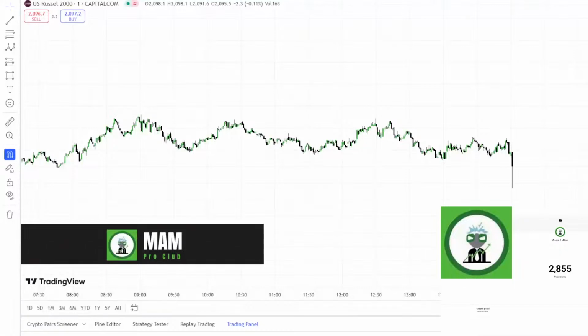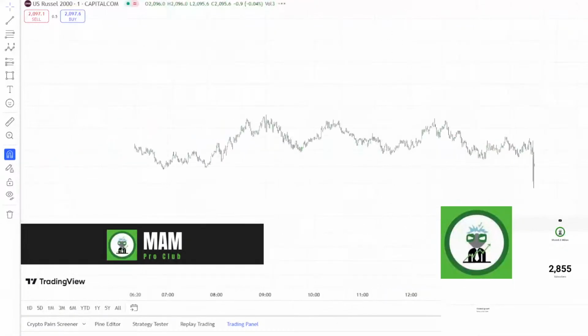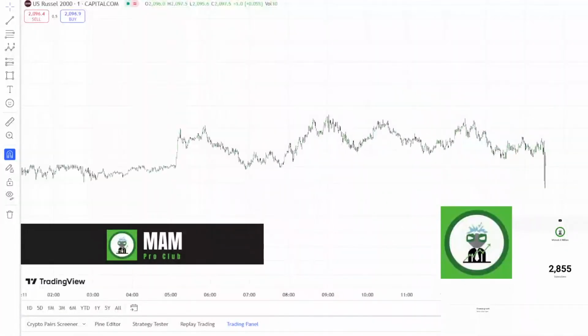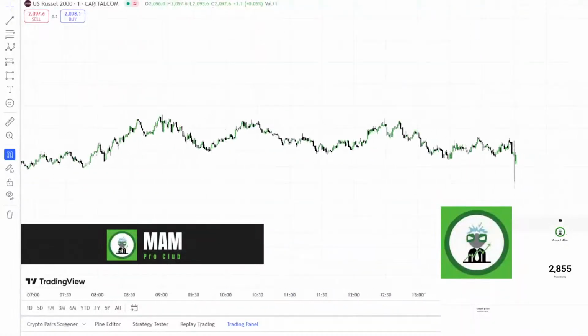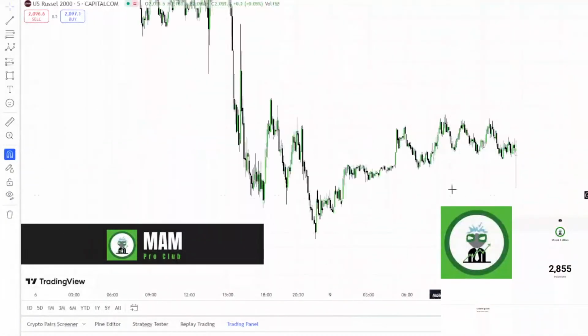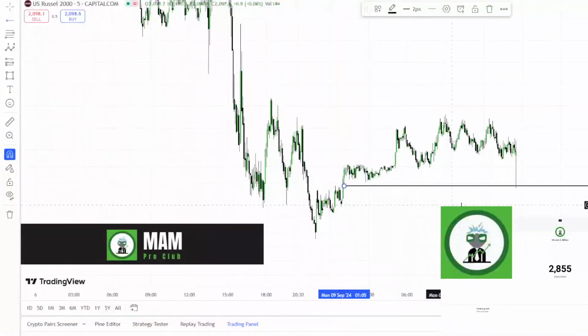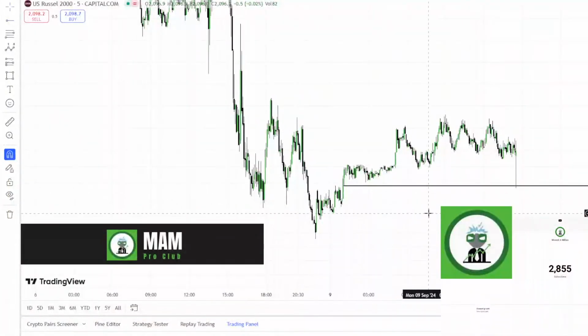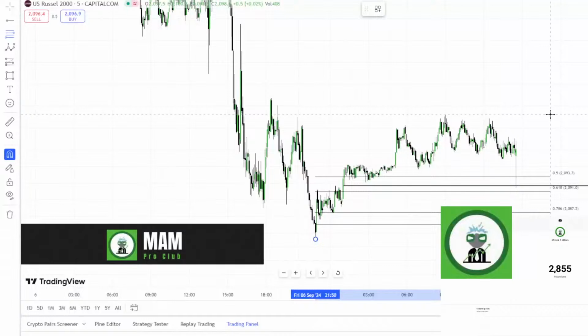Okay, there's some long wicks. Okay, it's looking good. Let's go on the 5 minute. If you imagine all the guys here, look at all this liquidity. They've just taken everyone out. Now, in terms of Fibonacci, where have we gone to?